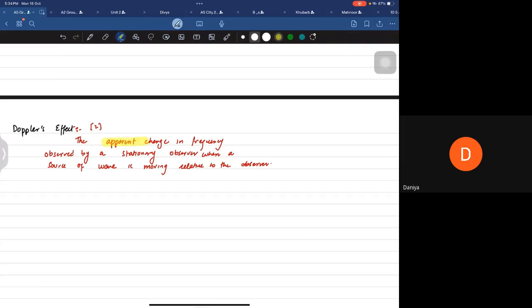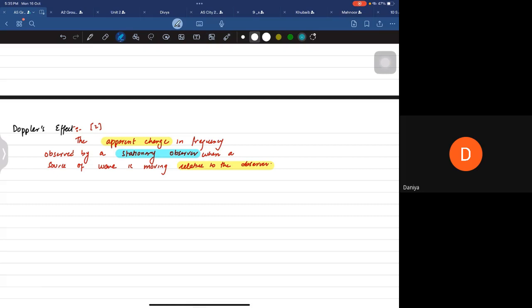So the apparent change here is the first keyword, and relative to the observer is the second keyword. But I also believe that it is very essential to write stationary observer, because this is the only case in our syllabus. There are other cases as well in real world that we don't want to discuss in our scope of exam. All right. So make sure that you write these 3 words in the statement. Otherwise, your statement would not be considered correct.